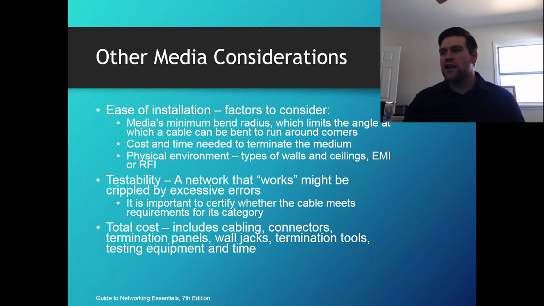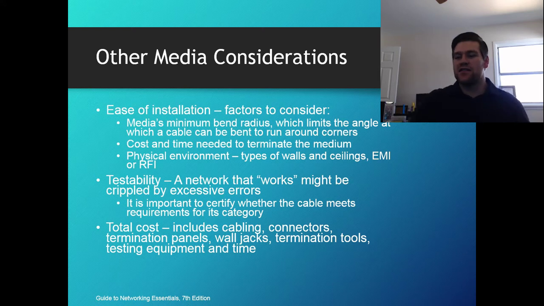And then some other considerations, not as crucial, but definitely valid. And I would say maybe cost is definitely as crucial, but ease of installation. If it's going to be really tough to get your cabling to work, you might want to consider using another type of cable. So medium bend radius.